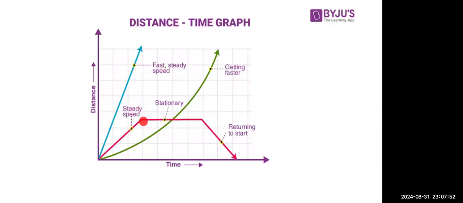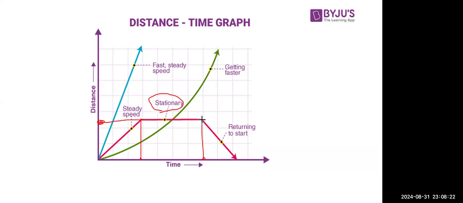But from this point to this point, in that time interval, the line is horizontal. It means time is passing, but the distance is the same. Distance is not changing, so the body is at rest. It means it is stationary.